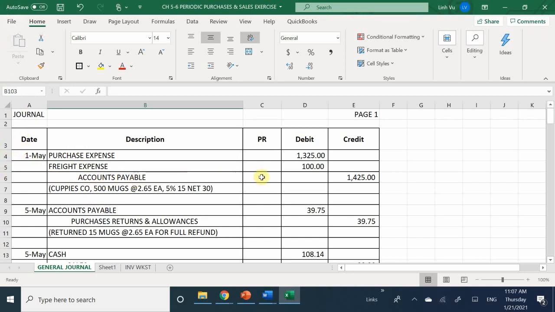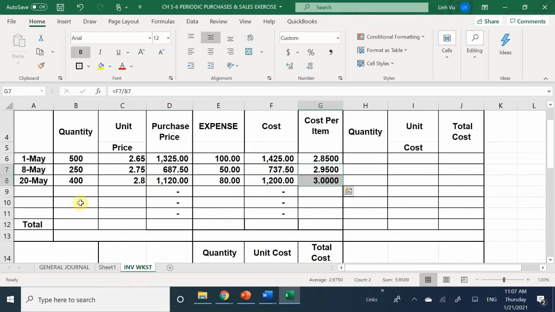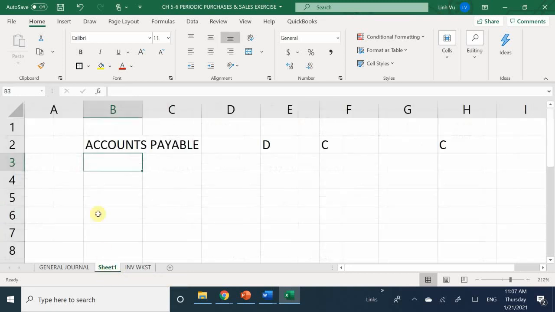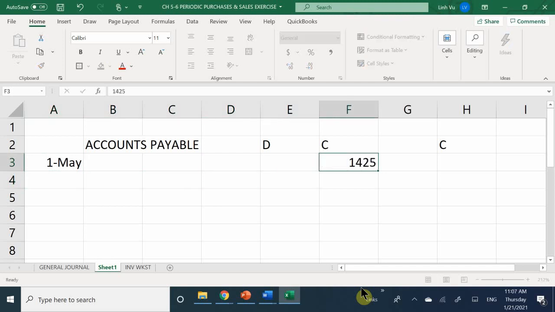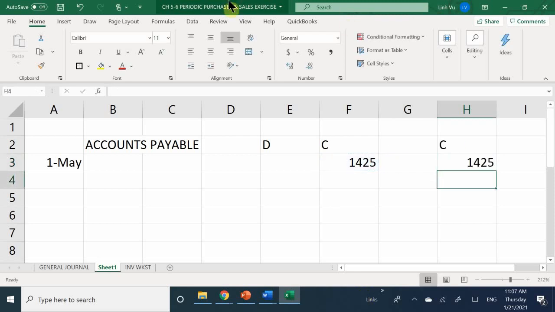Here I recognize that I charged my accounts payable as a credit for $14.25. Okay, so I'm going to go to my little empty worksheet here. And I'm going to recognize that on May 5th I made a purchase on the credit side for $14.25, bringing my credit balance to $14.25.